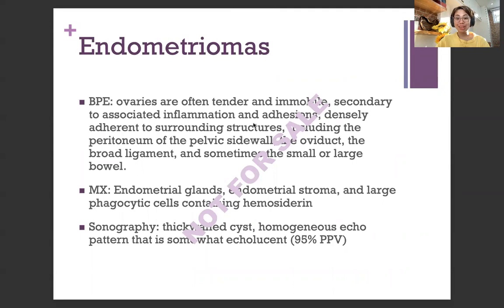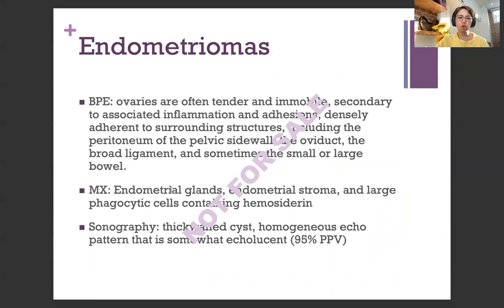On physical exam, ovaries are often tender and immobile because of adhesions. Densely adherent to surrounding structures, so unlike the dermoid cyst, chances of torsion not much, but rupture, yes. Okay, it can even adhere to the pelvic side walls, to other structures, the bowel, the bladder.